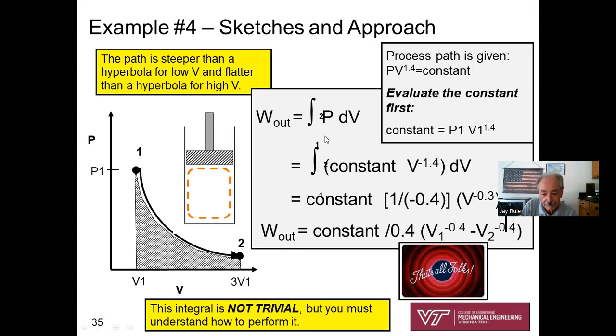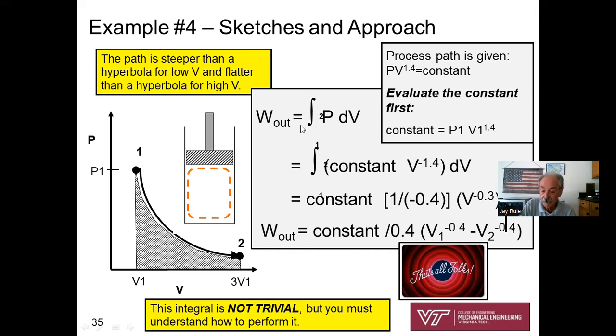Very similar to example 3, okay? Here's my sketch. Closed system, piston and cylinder. Now, PV to the 1.4 is not a hyperbola. It's a little steeper than a hyperbola. It looks similar, a little steeper. Same approach.